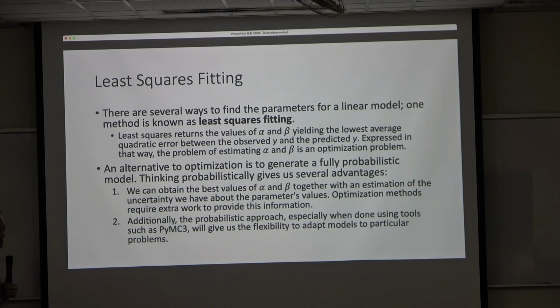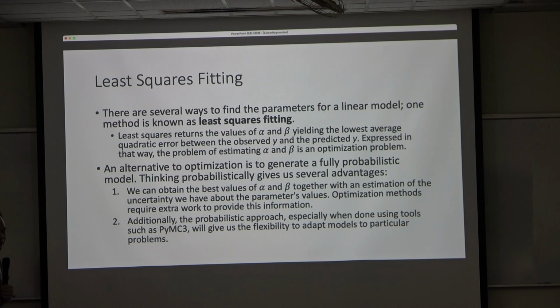There's a matrix solution to come up with this alpha and beta. The matrix solution is not bad. It's called the normal equation, if I remember correctly. But the time complexity of the normal equation is probably not that great.